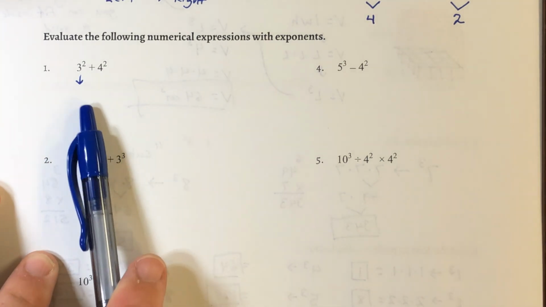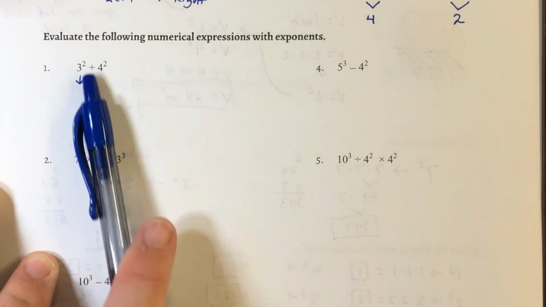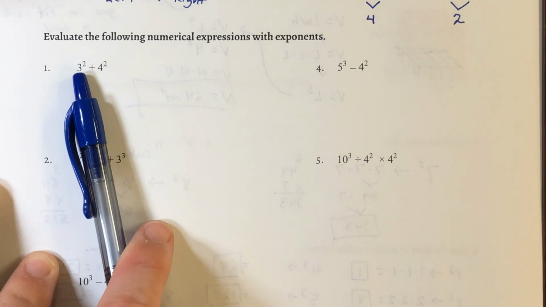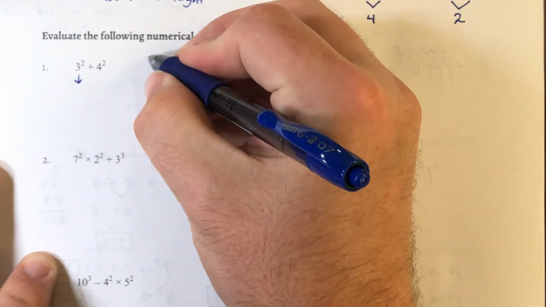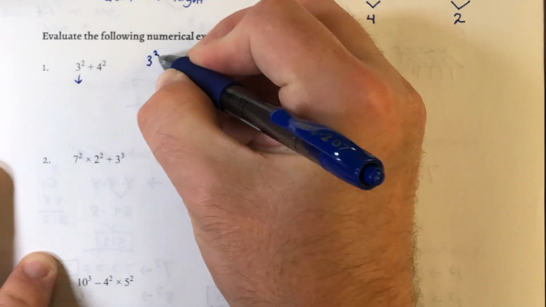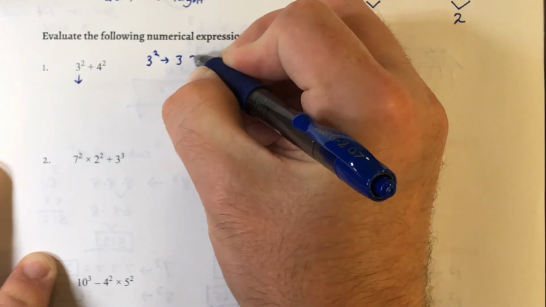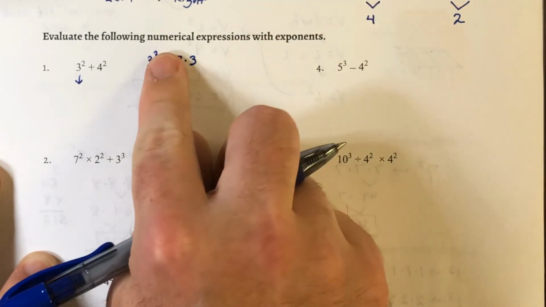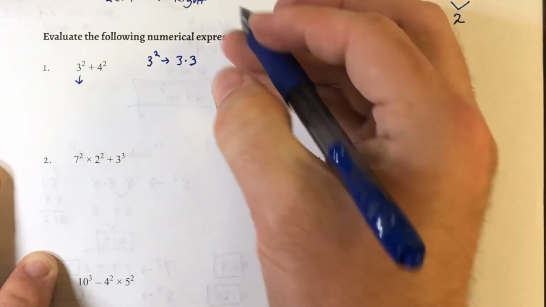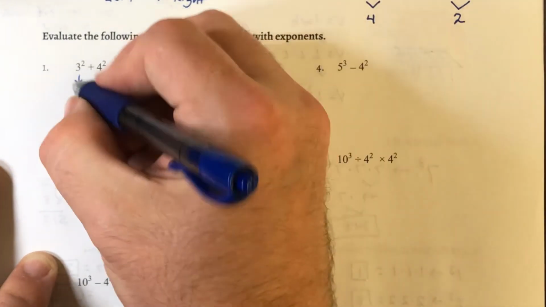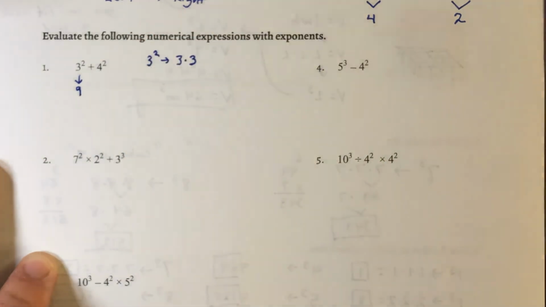If you have any additional work, show it off to the side. So if you need to jot down what 3 to the power of 2 means, do it over here on the right side. Like 3 squared means 3 times 3, because the 2 tells me to write the 3 2 times. And 3 times 3 is 9. So here, right below 3 squared, I write my answer, 9.